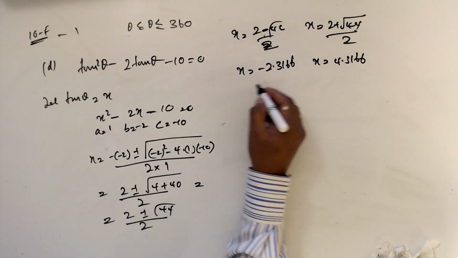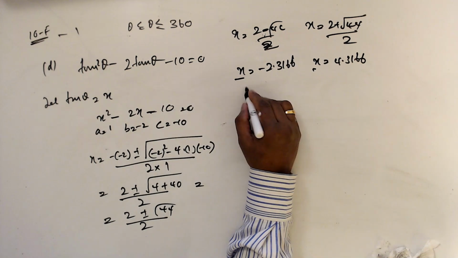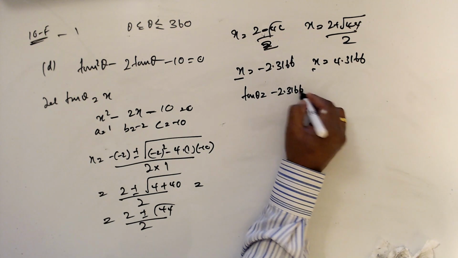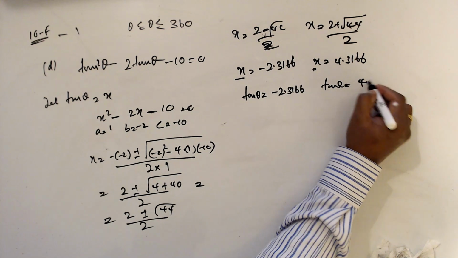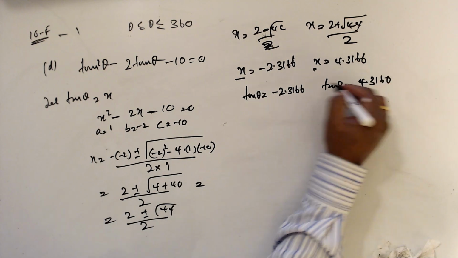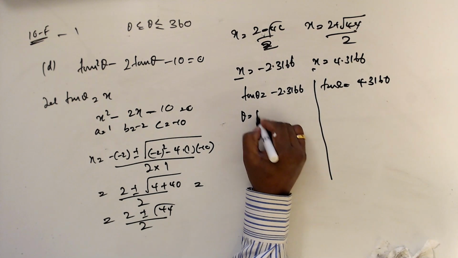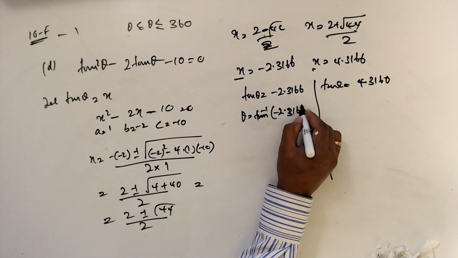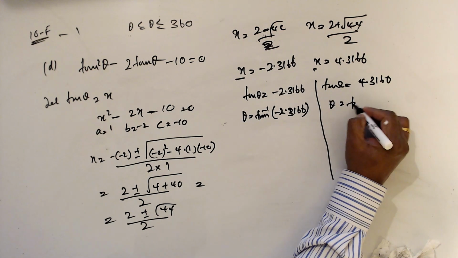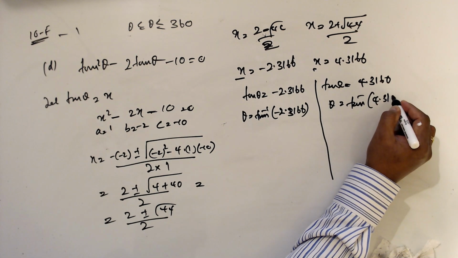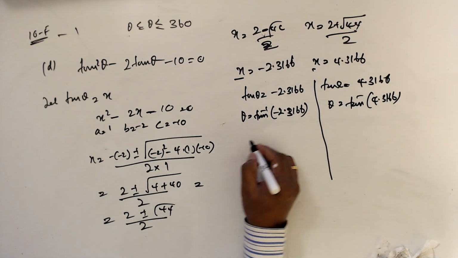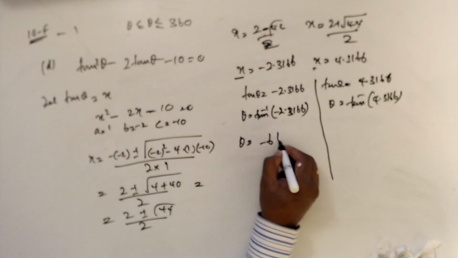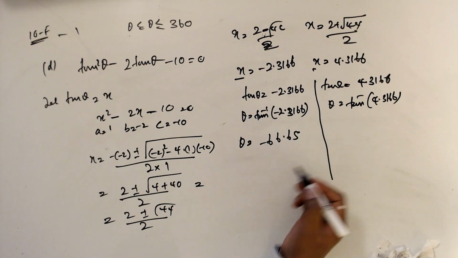So now we'll replace x with tan theta. Tan theta equals minus 2.3166, and tan theta equals 4.3166. Now theta equals tan inverse minus 2.3166, and theta equals tan inverse 4.3166. Then theta equals minus 66.65.